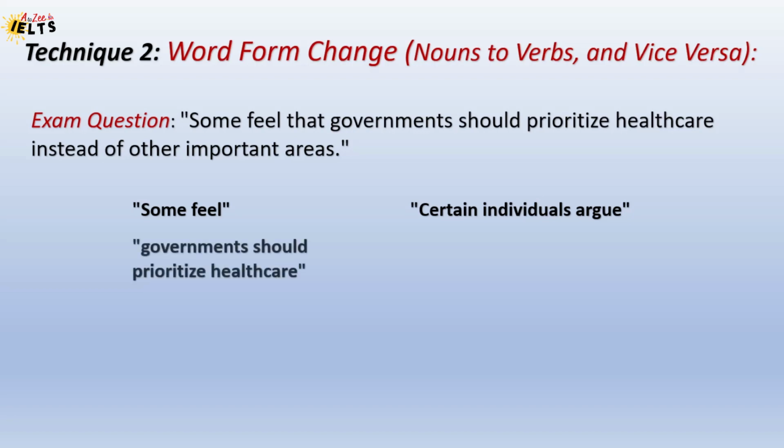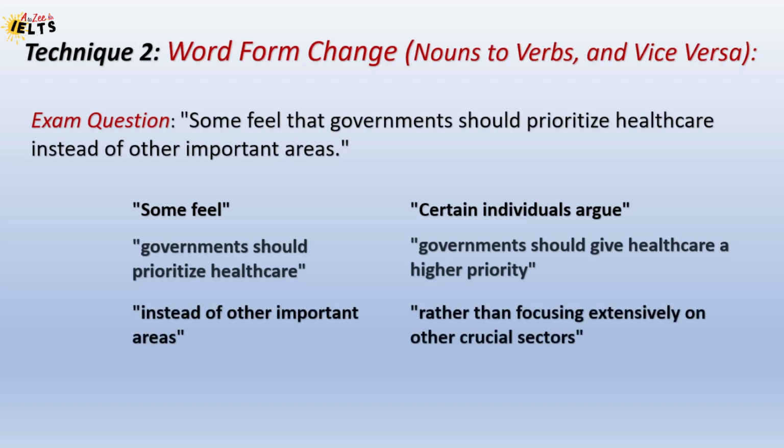Governments should prioritize healthcare is changed into government should give healthcare a higher priority. We altered the phrase to emphasize the act of giving priority. Prioritize is a verb and we transformed it into give a higher priority, which maintains the same idea while using different words and a noun phrase.